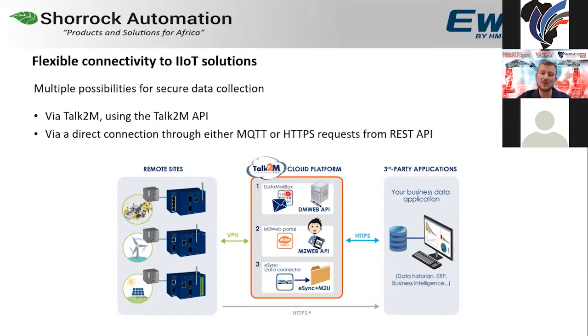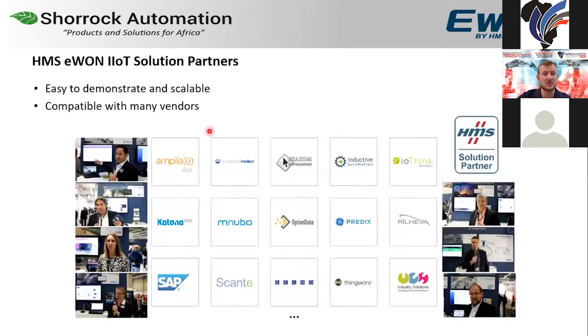So that is now our historically logged data brought through different cloud-based platforms, or the Talk2M cloud-based platform rather. And from here, we can go and fetch it via an HTTPS request or via MQTT, basically REST APIs, and bring it into an ERP system, for instance, such as, let's say, SAP or Microsoft Azure. So speaking of which, some of the E1 IoT solution partners that we can bring data to.